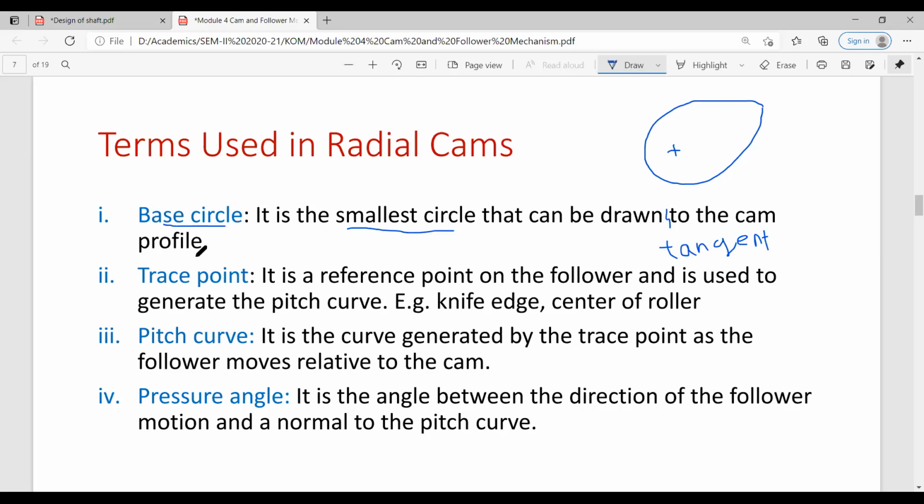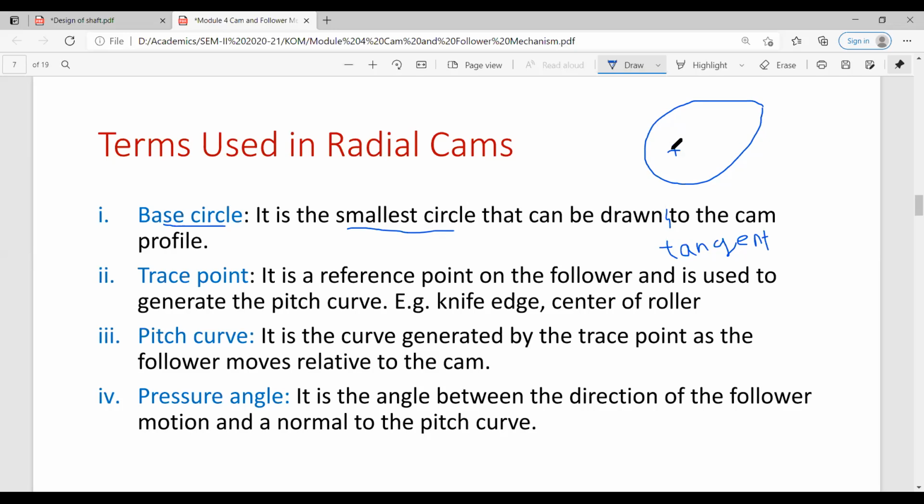Cam profile is nothing but cam shape, cam surface. So see how you will draw it: the smallest circle which is tangent to this cam profile, cam surface. The base circle is drawn taking the center of the shaft as its center. The center of the base circle is the same as the center of the shaft. So from this point you have to measure which point is closest to this point.